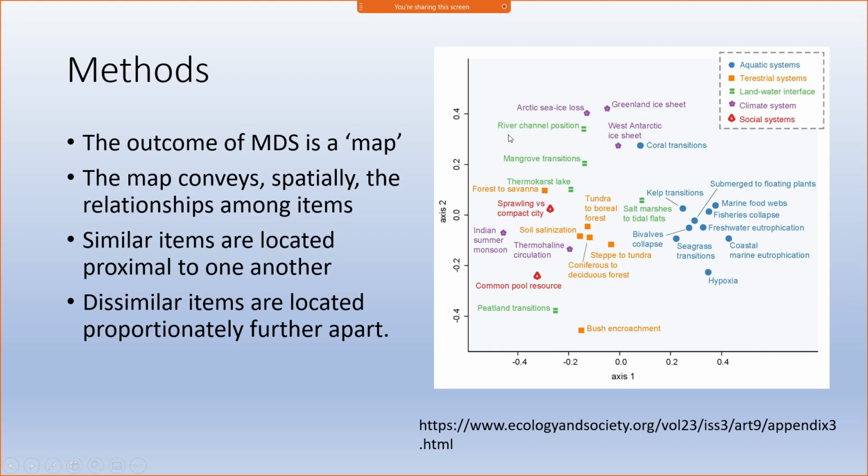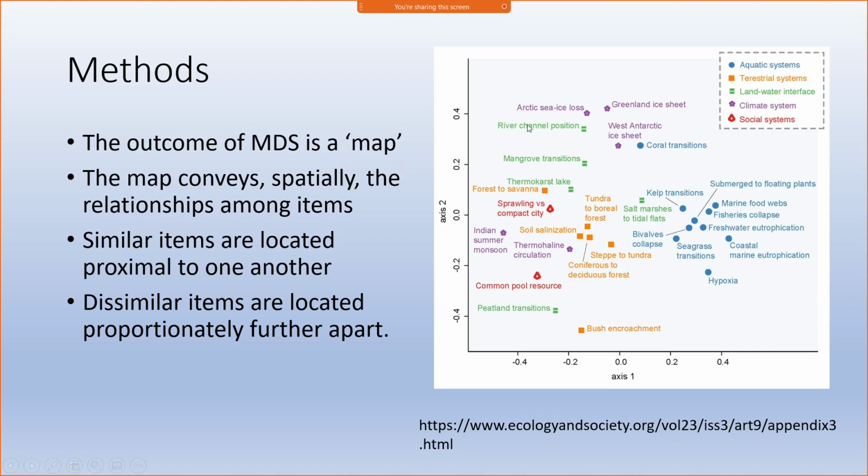From here you can plot the map, and you can hypothesize that this belongs to a group, this belongs to a group, this might belong to another group, and a few of them might not belong to any group.